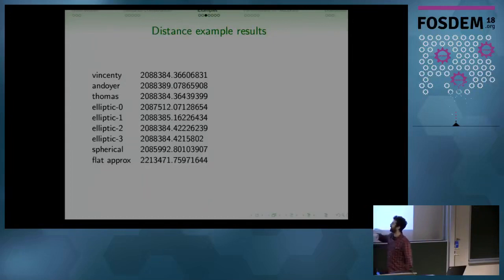All the rest are more or less accurate. This elliptic one is elliptic 0, elliptic 2, 3 is some order that you get in the series. So the larger the number, the better the accuracy, as you can also see. And the flat Earth approximation with just Pythagoras' theorem is really bad for such large distances.